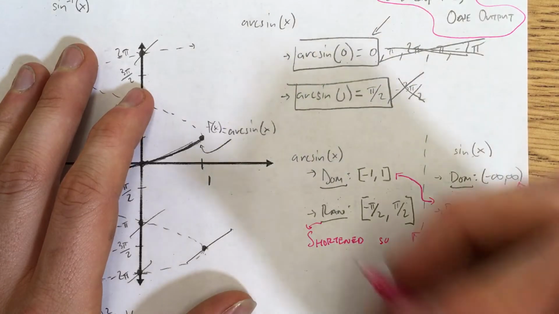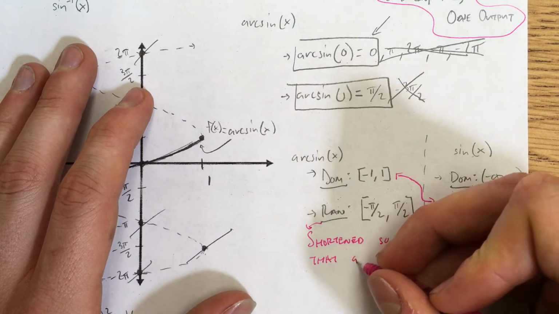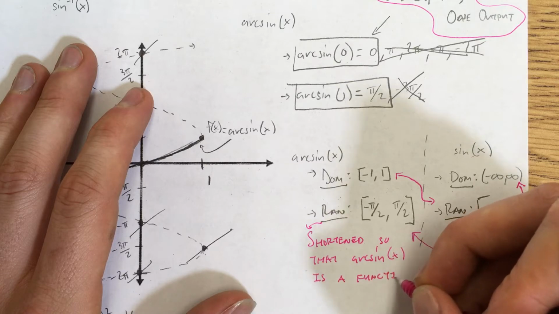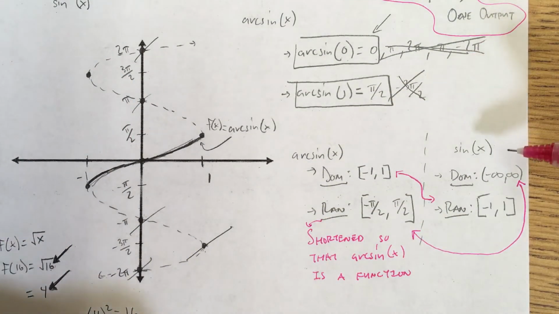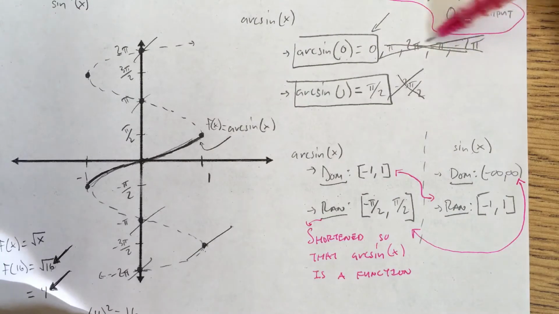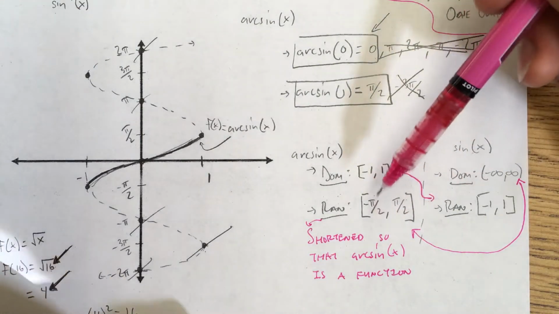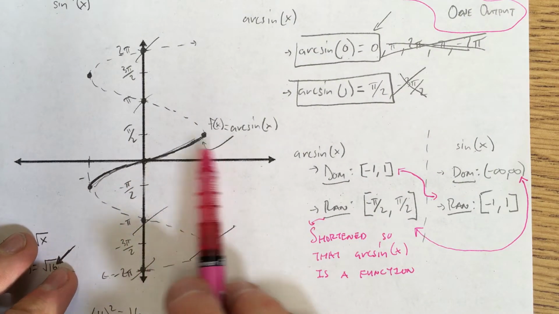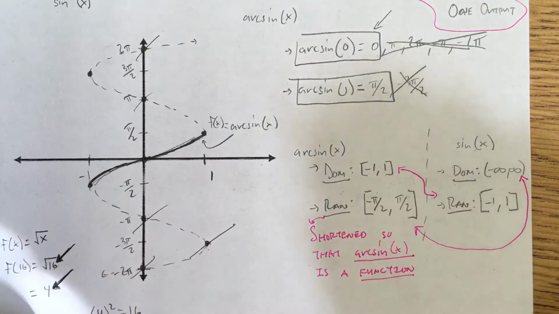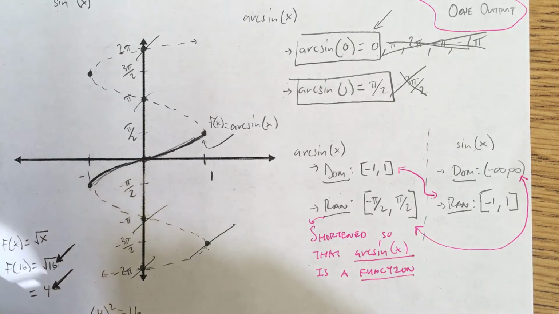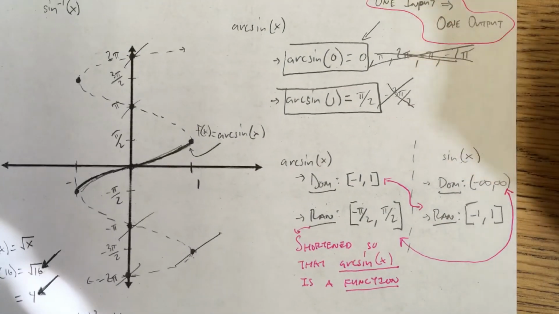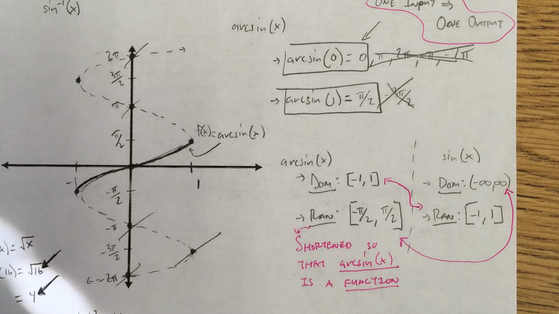The main reason is so that arcsine is a function. If the range was -infinity to infinity, then we would be taking all of this, and we would be having an issue with these values. But by shortening the range, by only focusing from -π/2 to π/2, we ensure that arcsine stays a function. And that is huge. We need to have these to be functions so that when we input one value, we get out one value. And that is the main thing from what we did in class.